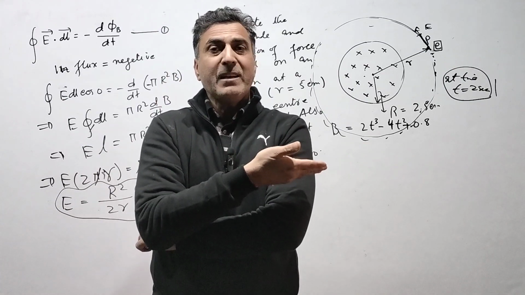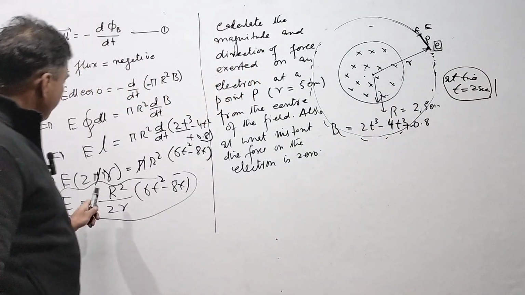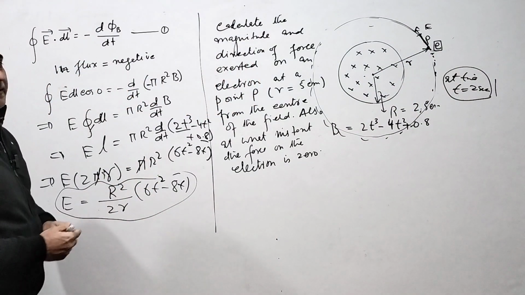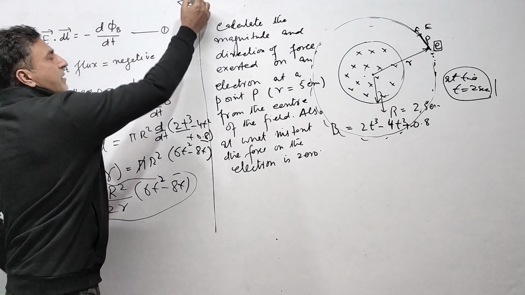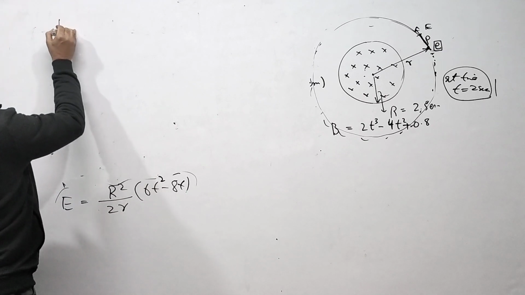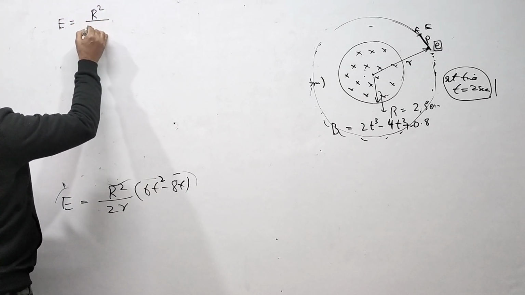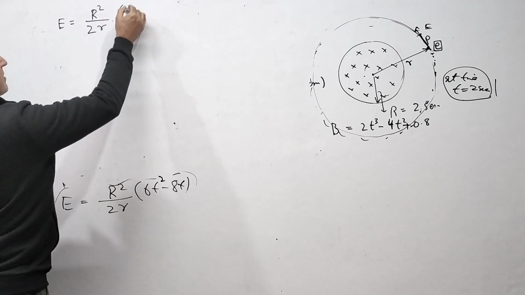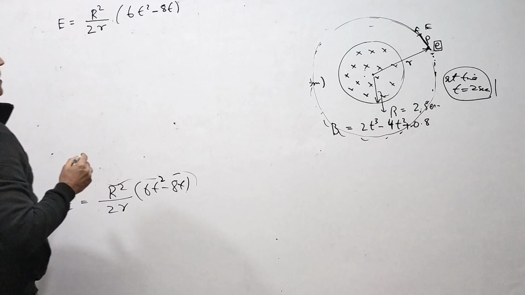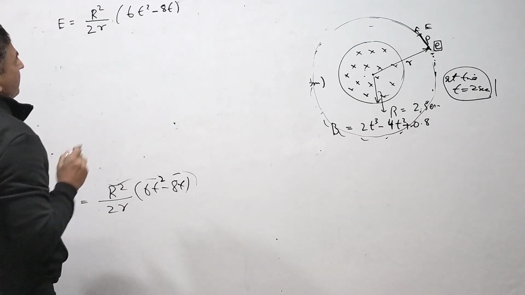But let's first find the electric field at that point. That is given by r square by 2r times 6t square minus 8t. The electric field that we obtained is E equal to r square by 2r times 6t square minus 8t. That is our electric field produced at point P at a distance r from the center of the field.